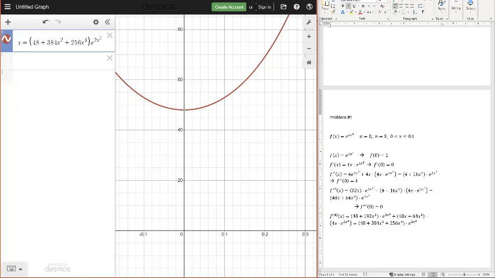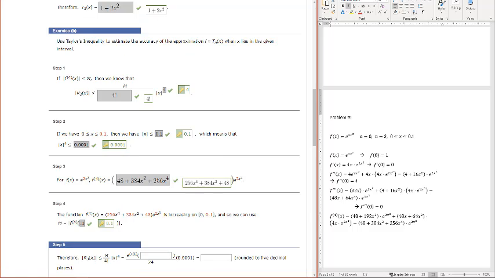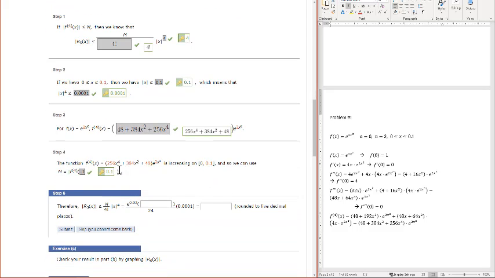Okay, let's go back to our problem, and we have this thing here. So we can use this value. Therefore, the maximum value happens when you put 0.1 in for x.